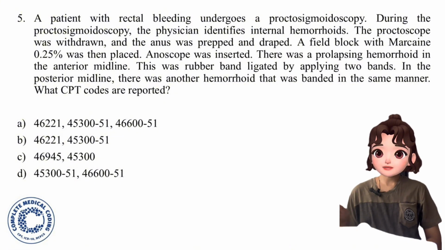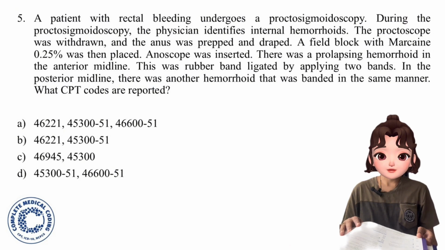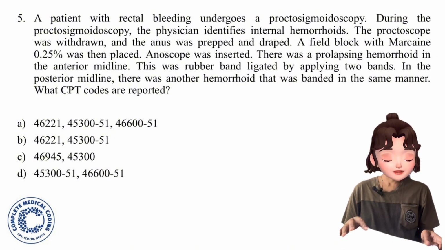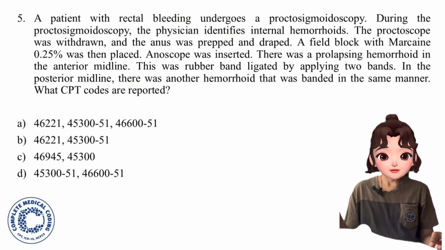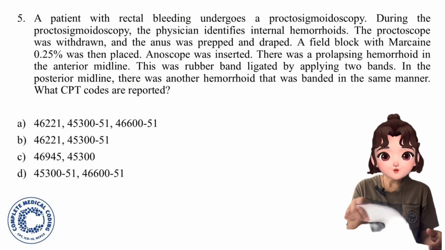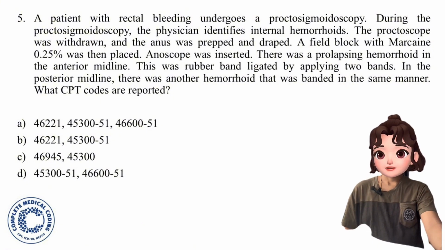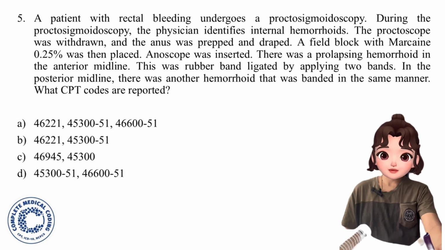What is the other one? 46945 in option C. What is 46945? Let me check. 46945 is hemorrhoidectomy internal by ligation other than rubber band, single hemorrhoid.